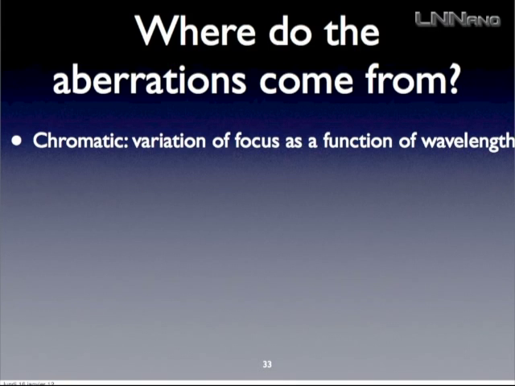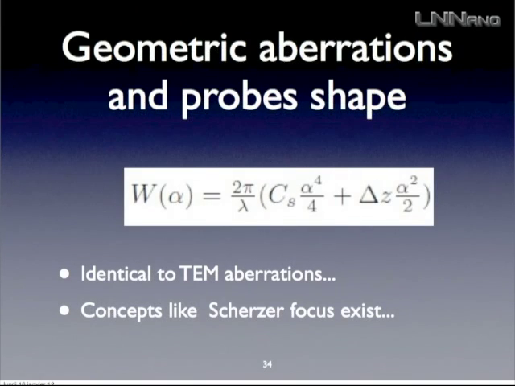So where do the aberrations come from? So there is a chromatic aberration. I won't discuss it. It's already enough work to work with geometric aberration. And because today it's not the point of talking about aberration correction, I just give here a transfer function for a STEM. And if you remember the TEM lectures, it's almost identical to TEM aberrations.